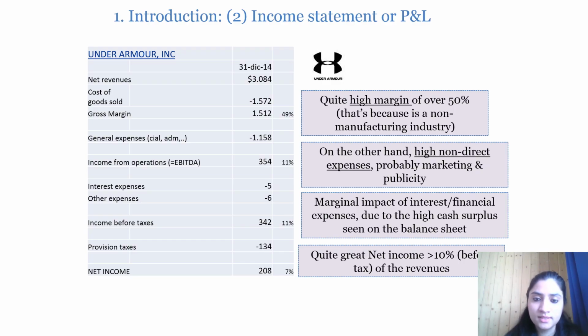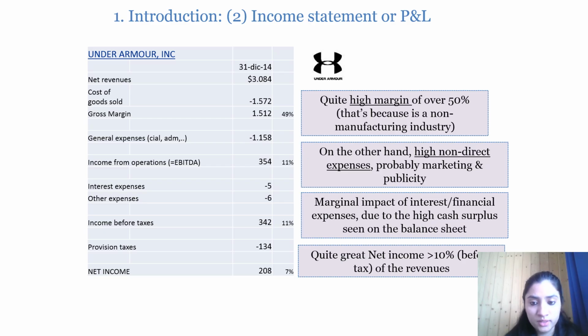However, on the other hand, when subtracting their expenses, they have high indirect expenses, which could be marketing or publicity. They may need it, right? Another thing, after paying their interest and other expenses, the income before taxes is 11%.